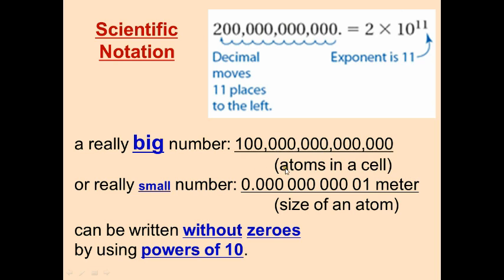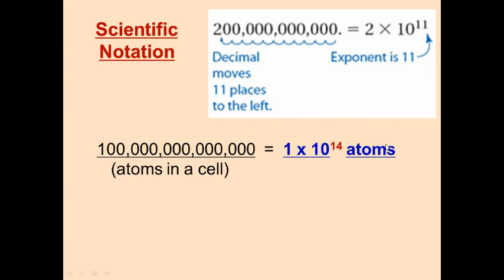We first write the digit that's in front of the decimal, so 1, and then we multiply it times 10, and we raise 10 to the exponent of the zeros we passed. So we passed 14 zeros in this one. That's the answer because we counted 14 zeros we passed, and we only had a 1 in front of the decimal.